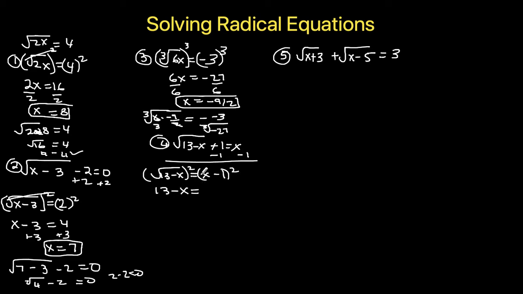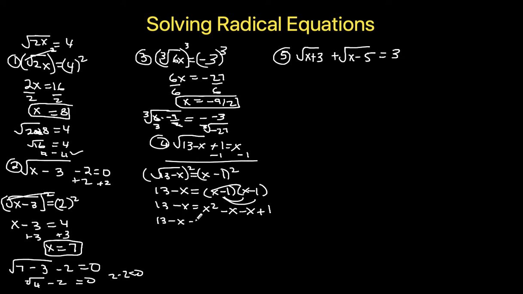On this side, this is a binomial, so write it down twice. You're going to have to do some algebra on this one. That side stays the same. On this side, go ahead and FOIL. X times x is x squared. X times negative 1 is negative x. Negative 1 times x is negative x. Negative 1 times negative 1 is a positive 1.